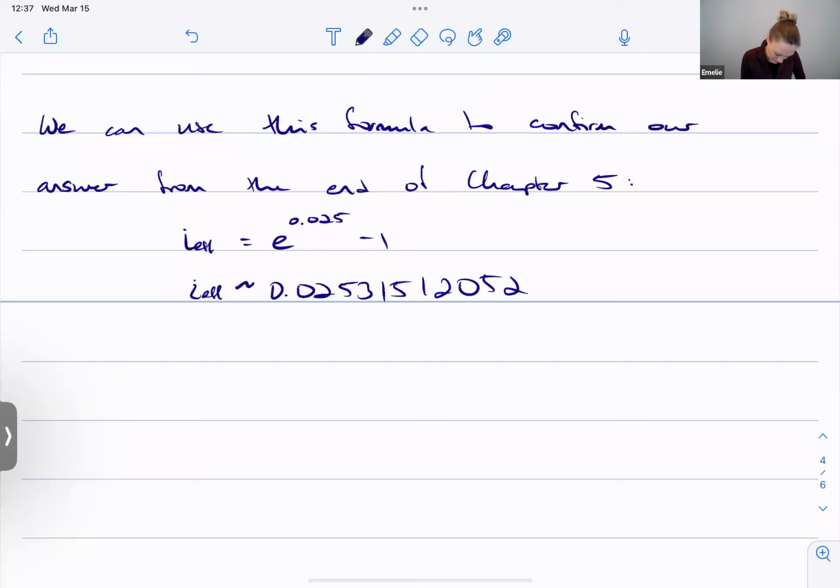That's approximately equal to, which is a lot faster, right?